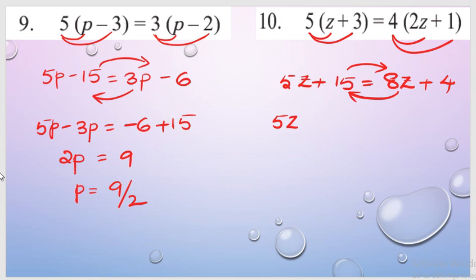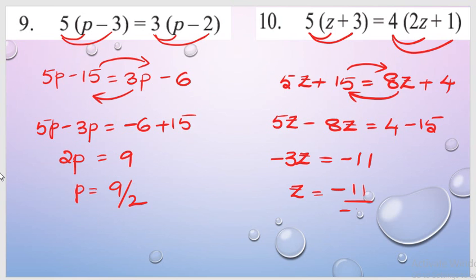So what I am going to get? 5z minus 8z is equal to 4 minus 15. 5z minus 8z is nothing but minus 3z. So minus 3z is equal to 4 minus 15 is nothing but minus 11. So from this z is equal to minus 11 by minus 3. So this minus minus gets cancelled. So the answer is 11 divided by 3.